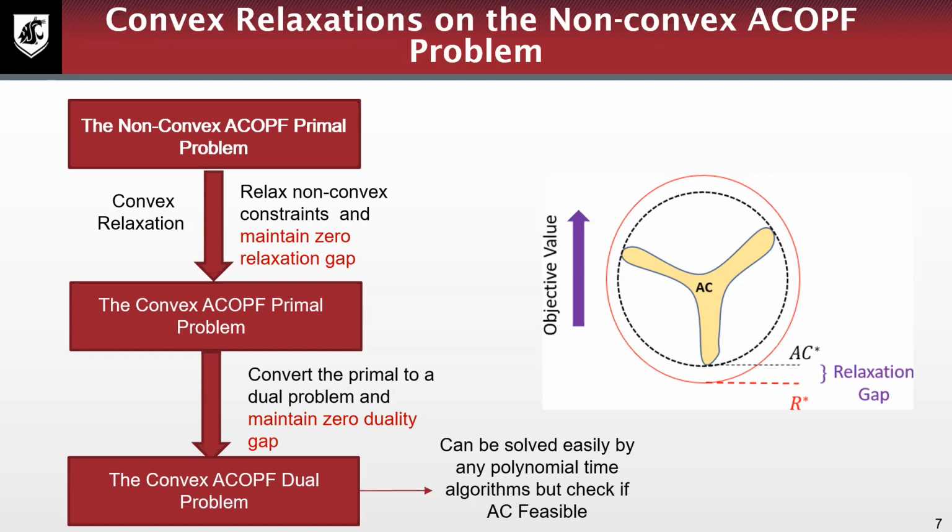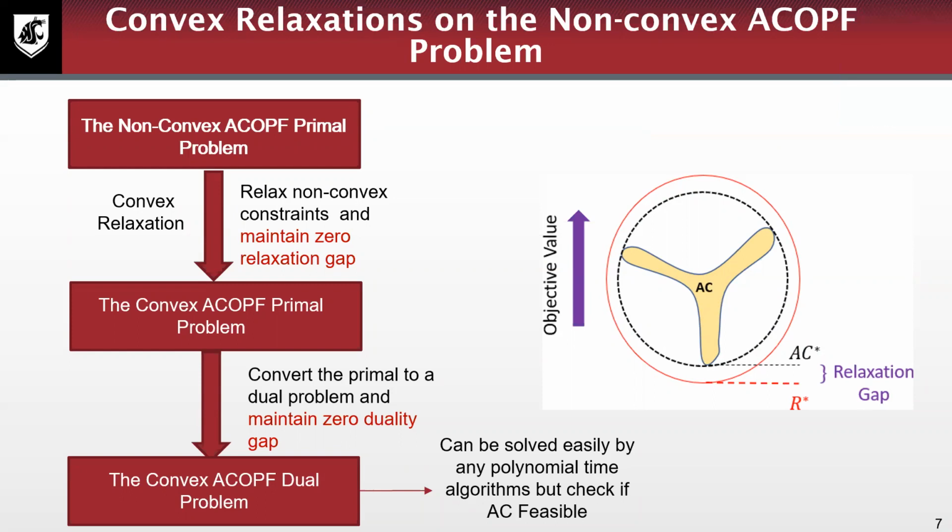What this relaxation gap means is, if you see in this figure, we have this AC space. Suppose we have relaxed it by this red circle. So this is the relaxed AC space by this red line. And the minimum amount of relaxation that you can have on this AC space is this dotted line, which has an objective value of AC star. And the relaxed line has an objective value of R star.